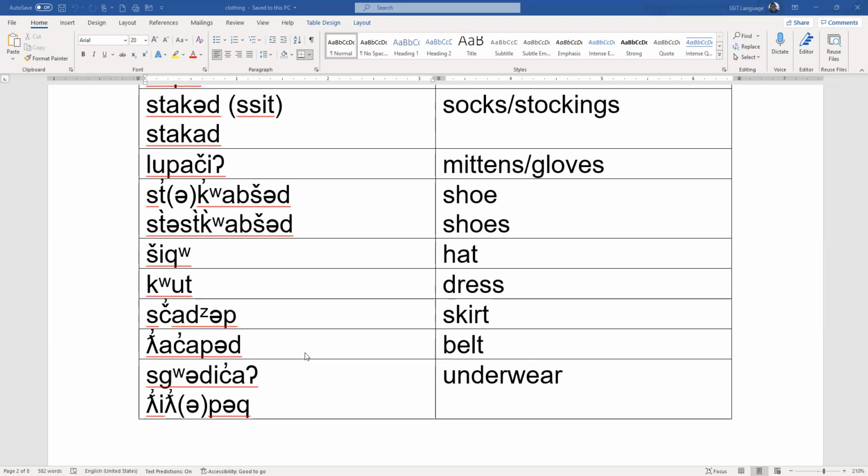I forgot the word for ant. So we go Lushootseed squaditza. Squaditza.